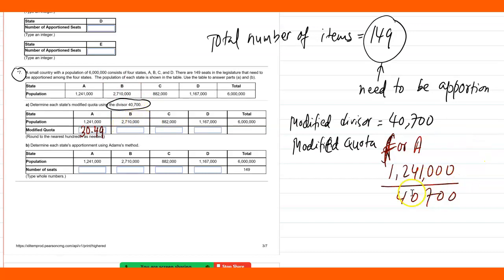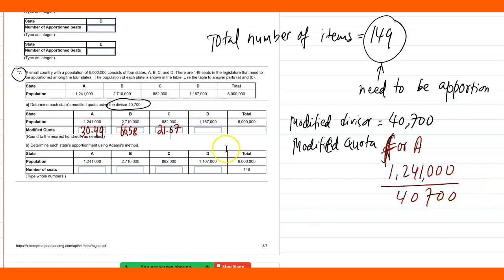2,710,000 divided by 40,700. What do you get? You should get 66.58. If you have a different number, let me know, okay? If you divide C population by 40,700, you should get 21.67.